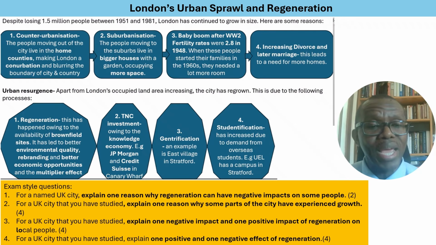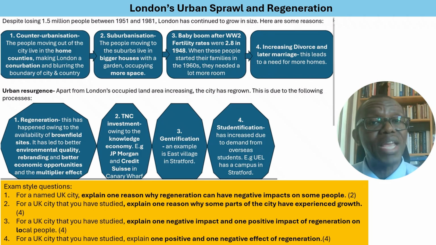And the first one is regeneration. And this has been as a result of the availability of brownfield land, so land that became disused after the deindustrialization process. So there were a lot of abandoned buildings, whether those be factory buildings or housing, and those needed to be knocked down and regenerated.